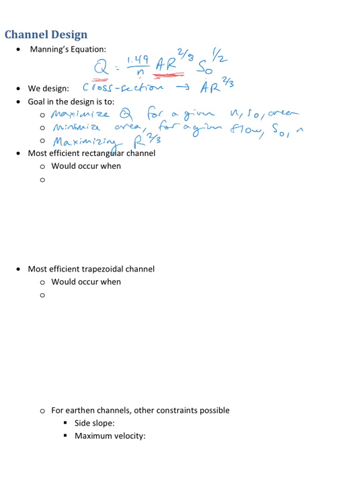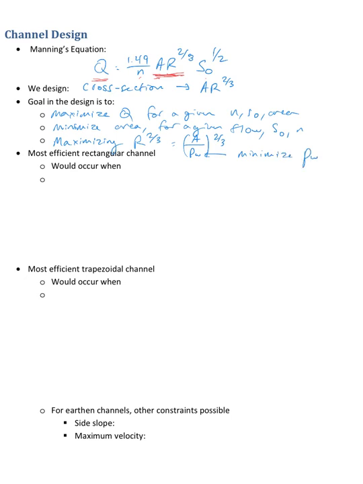And if you think about what R to the 2/3 is, that's equal to area over wetted perimeter to the 2/3. Again, we want to minimize A, but if we want R to the 2/3 to be as big as possible, we also need to minimize P sub W. Which makes some sense, right?